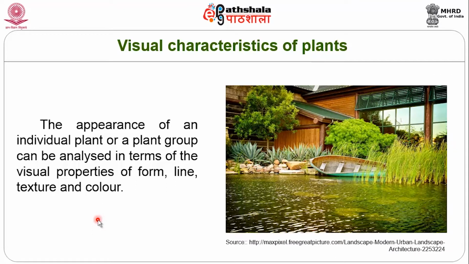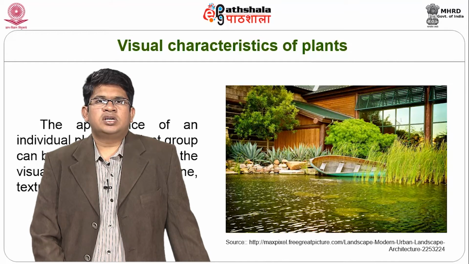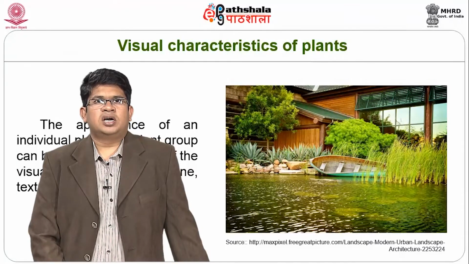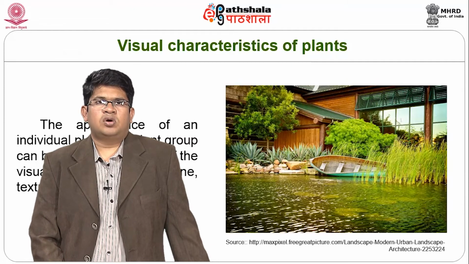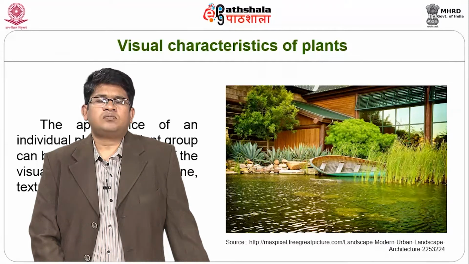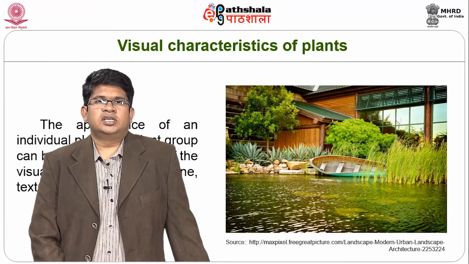The appearance of an individual plant or a plant group can be analyzed in terms of the visual properties of form, line, texture and color. So, we shall be looking at these visual characters, observing them in plants and classifying them accordingly, so that we will have a general understanding of how we can employ these visual characters and what uses these visual characters give in the designed landscape environment. So, we shall be looking at form as well as line and pattern, texture and color.